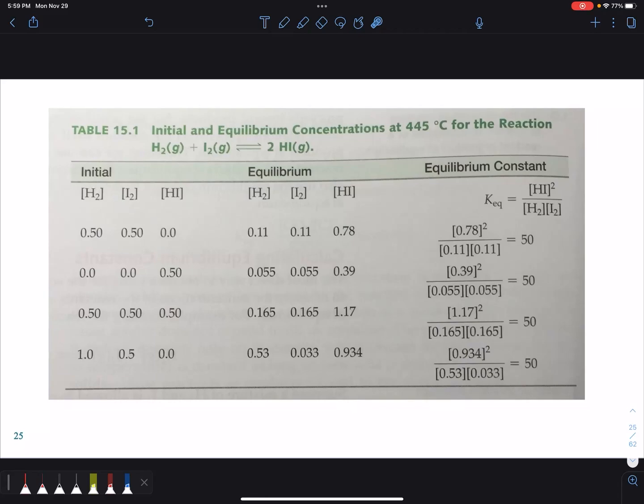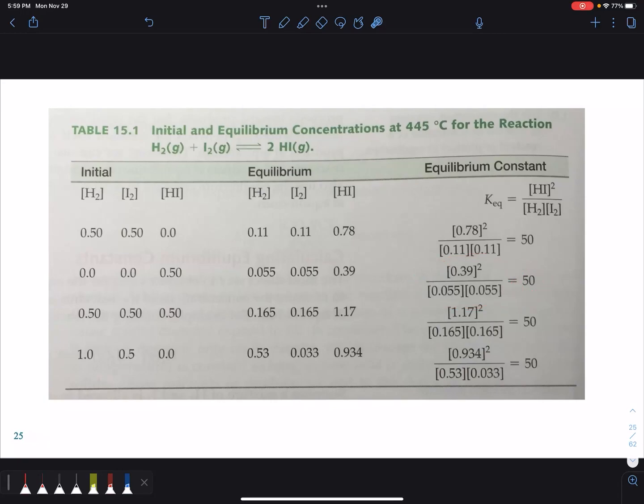And then we can calculate KEQ, and it's going to be 50. If we change our initial concentrations, and we have just 0.5 molar hydrogen iodide, when we come to equilibrium, we're going to have different concentrations than we had up here. But when we plug those into this equation, it's going to spit out 50 again.